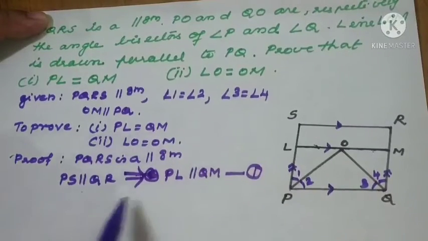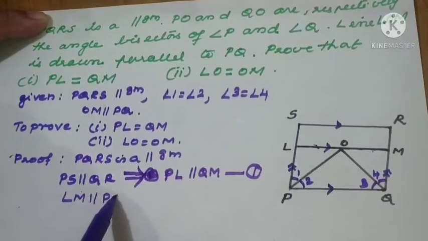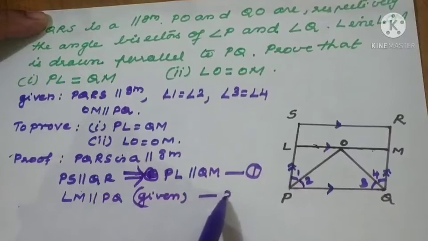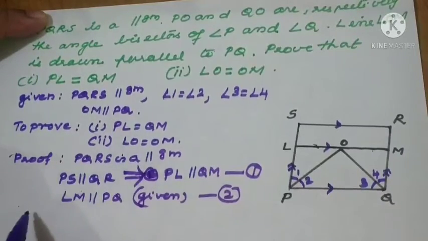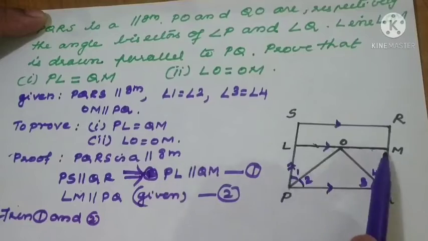Equation number 1. Now second equation, LM parallel to PQ. It is given in the question. So from 1 and 2 what we can show? From 1 and 2 we will get two pair of opposite sides are parallel in the case of LMQP.